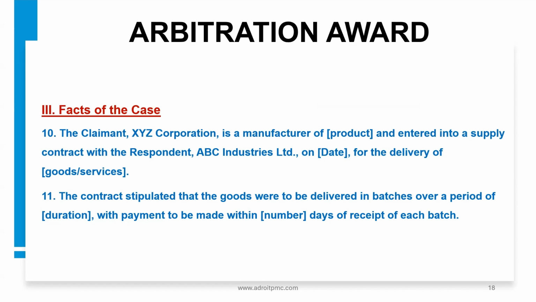Hence, the claimant has initiated an arbitration proceeding, saying that he wants the outstanding amount, whereas the respondent states that the goods delivered were defective, because of which he didn't pay the amount. So this is the facts of the case, and it is being clearly mentioned in this arbitration award.